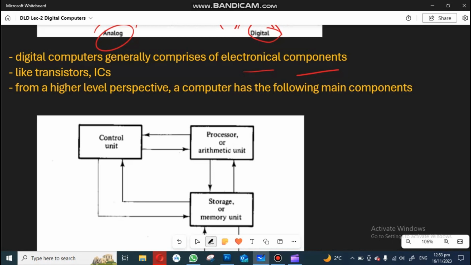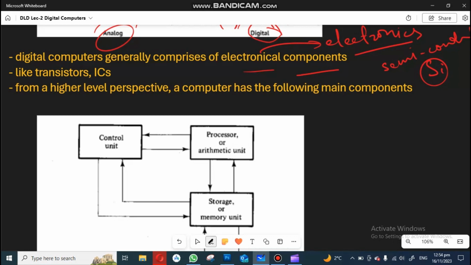Now digital computers generally comprise, as I told you, electronic components, and from this comes the word electronics. Electronics is actually the branch of physics where we study semiconductors. Normally there are multiple semiconductors, but in computers we mostly use silicon. So that is why we call a computer an electronic computer.